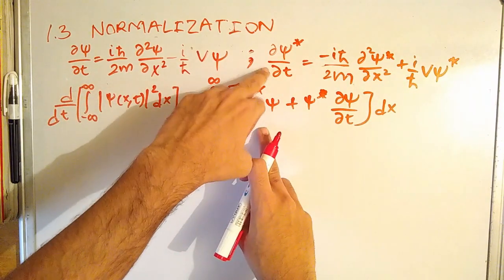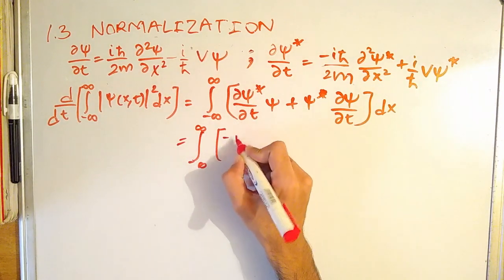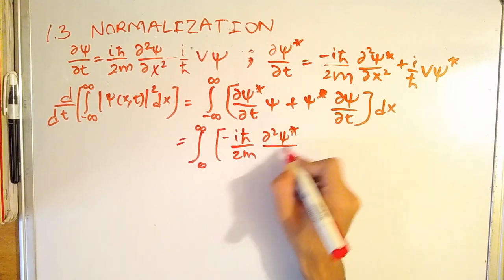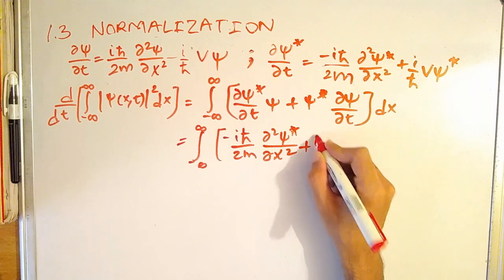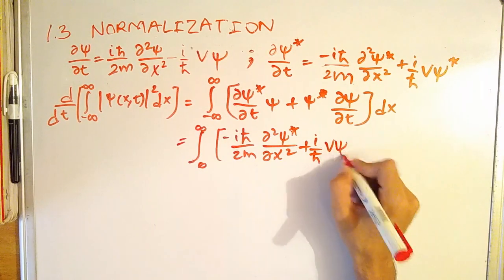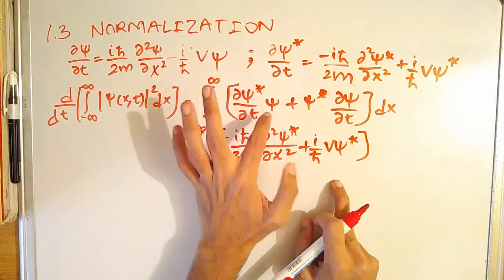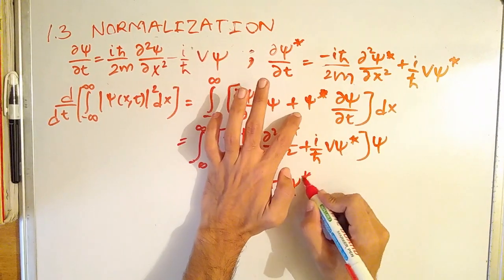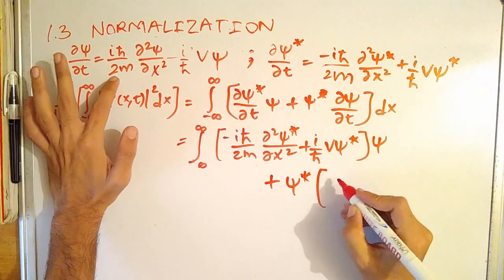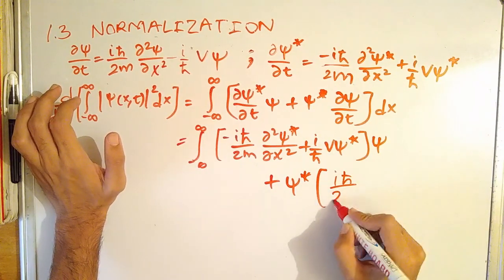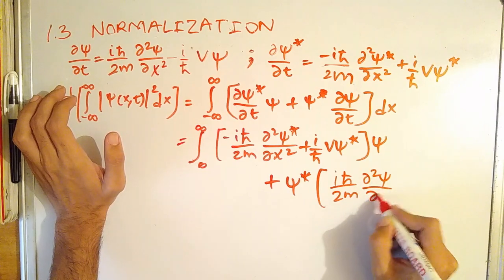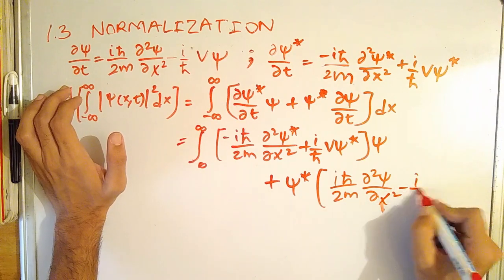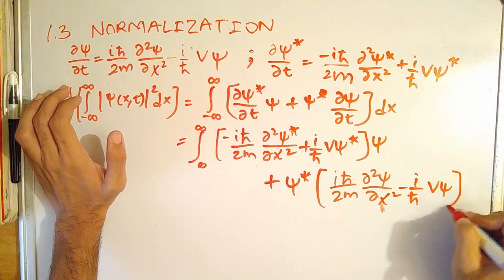The first part is dou psi star by dou t, so we will write minus iħ upon 2m dou square psi star by dou x square plus i by ħ V psi star, multiplied with this wave function psi, plus the second part, which is psi star into dou psi by dou t, which is iħ by 2m dou square psi by dou x square minus i by ħ V psi.